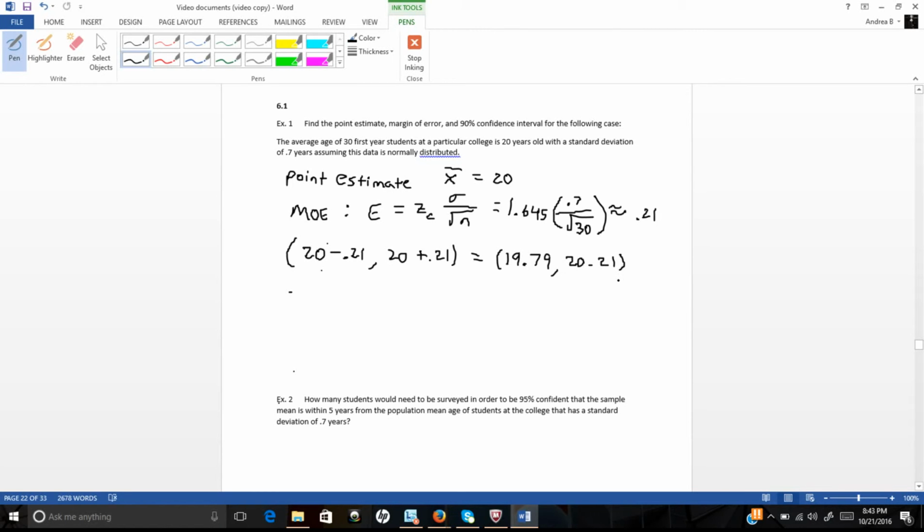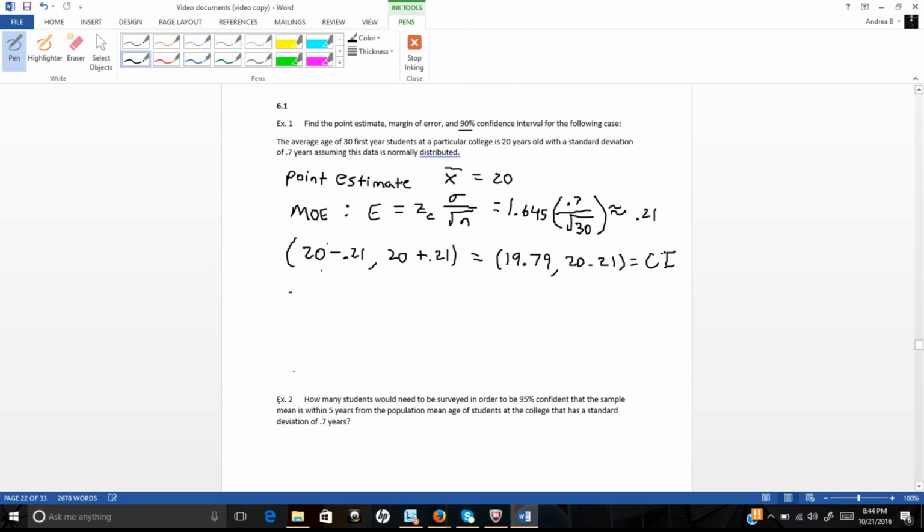The confidence interval here, what this means is that we'd expect our population mean to be between 19.79 and 20.21 in about 90% of our samples, hence this 90% confidence interval. So here, I'm going to abbreviate. This was our confidence interval.